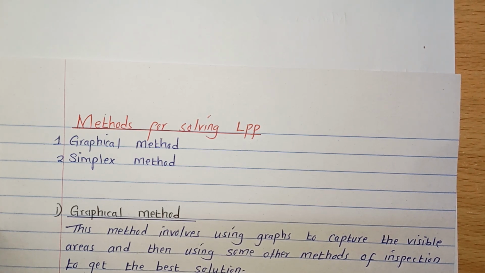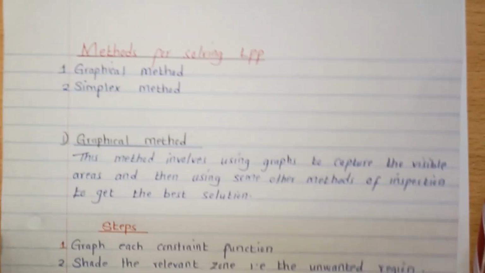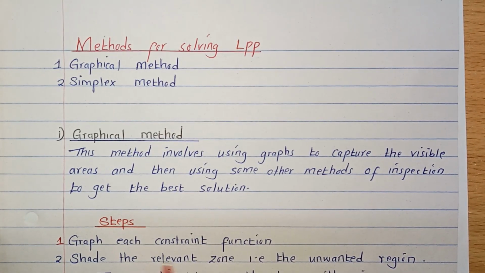So today I want us to look at the steps that we usually use when it comes to solving linear programming problems using the graphical method. The first step, you need to graph each constraint.